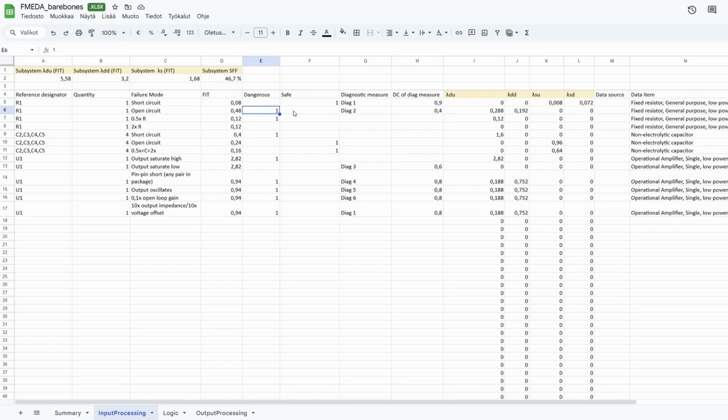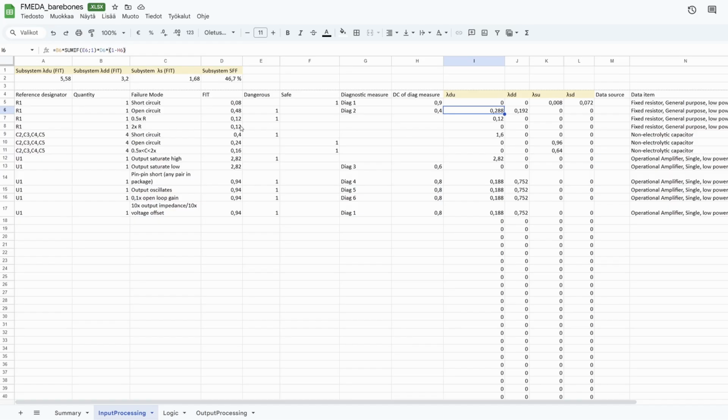And the dangerous failures here multiply with the diagnostic measure to gain the dangerous undetected and dangerous detected. The formula is as follows. I sum whether it is dangerous, yes, no, or safe, the quantities, and then multiply it by the diagnostic coverage.